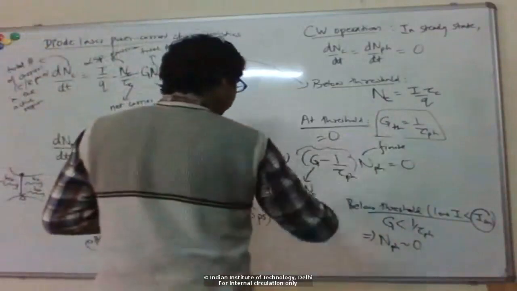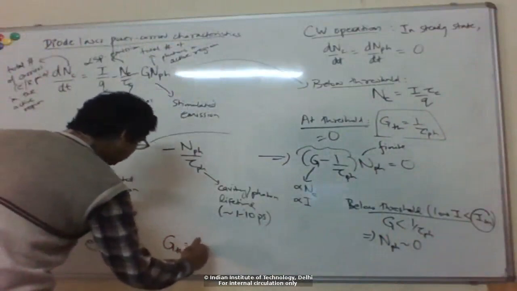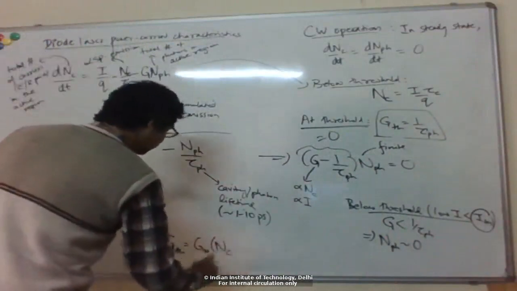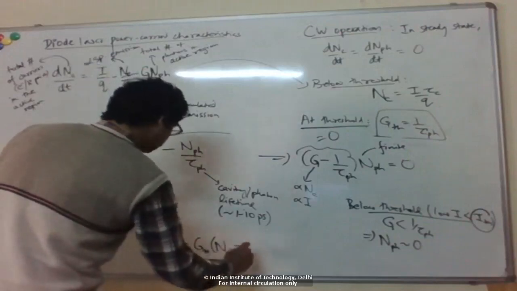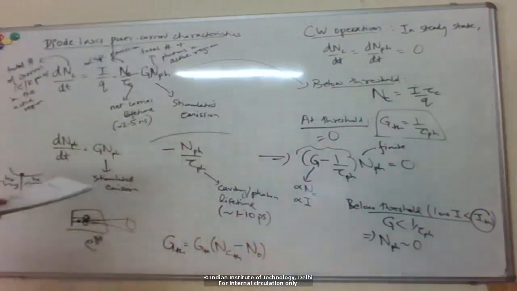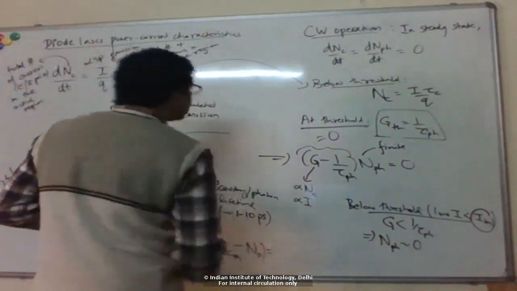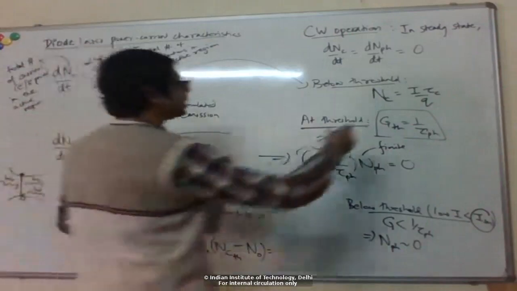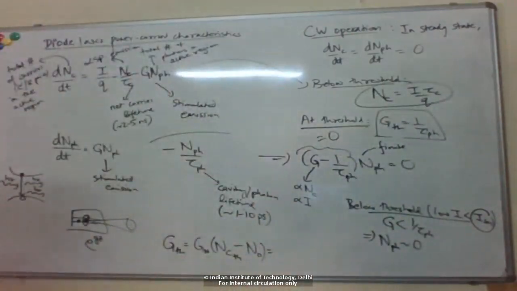Right, so this G, remember, G threshold is this constant Gn times the number of carriers at threshold, minus this constant N0, which is basically the transparency carrier number, right? And I can calculate the number of carriers at threshold from here, right?